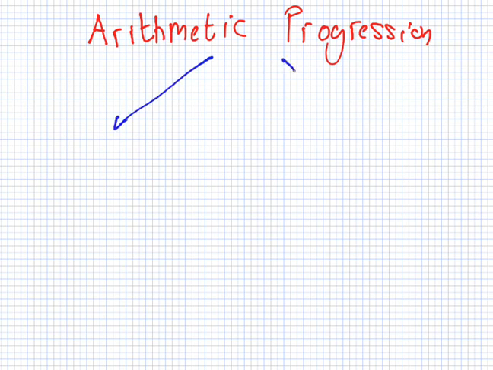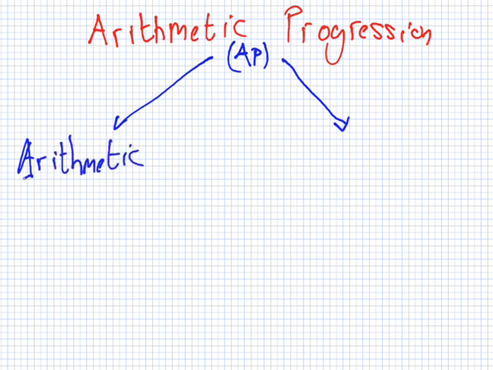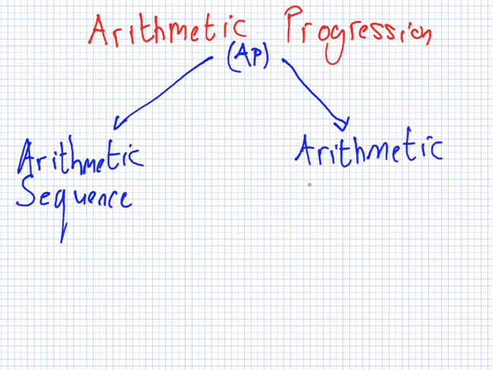By arithmetic progression, I call it AP for short. So we have arithmetic sequence, and we have arithmetic series.